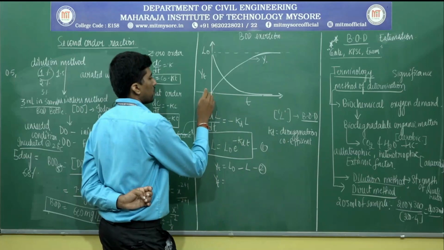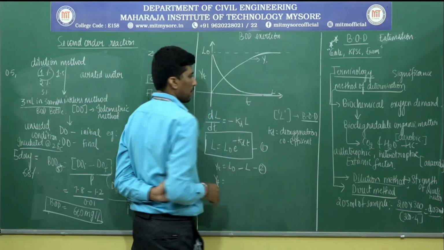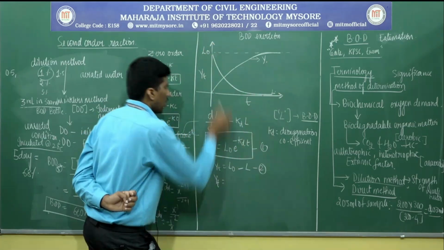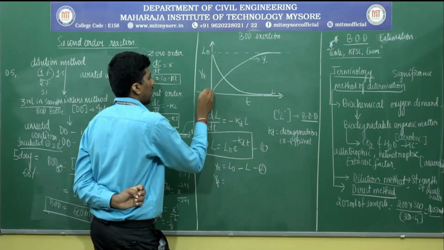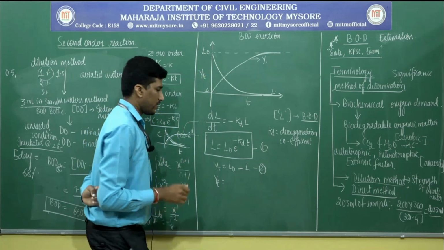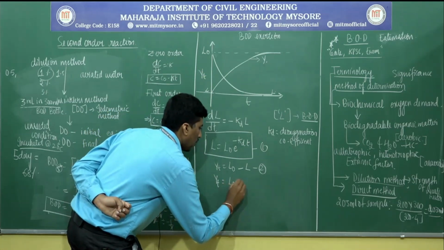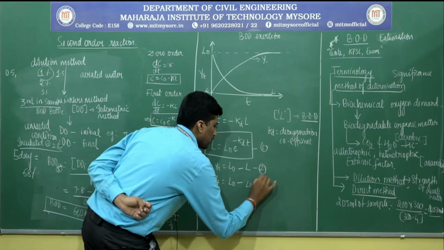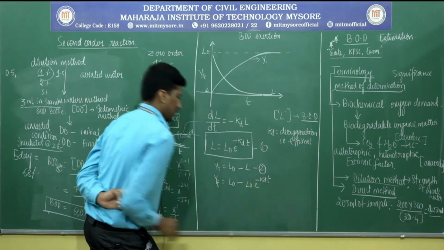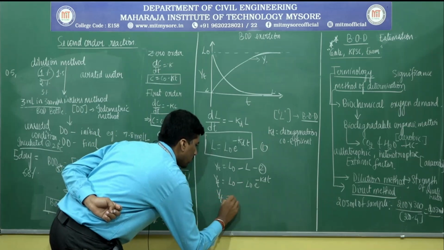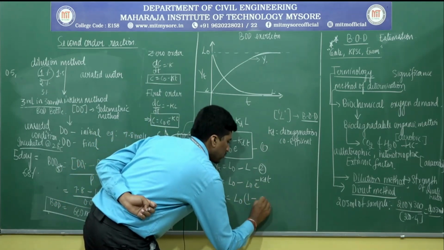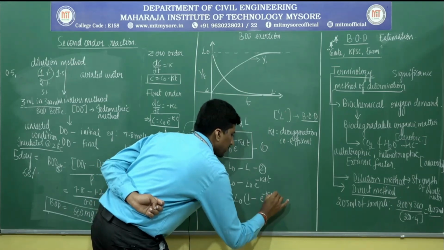That is L naught minus L. So this is L. The concentration decreases. So L naught minus L tends to give me YT. Therefore, L naught minus, what is the expression? L naught into exponential of minus kd into t. Therefore, YT is equal to, L naught being a common factor, L naught into 1 minus e power minus kd into t.